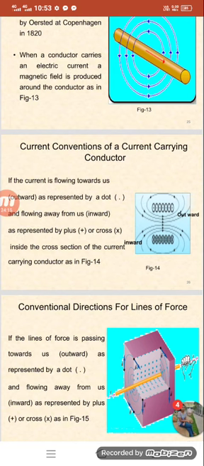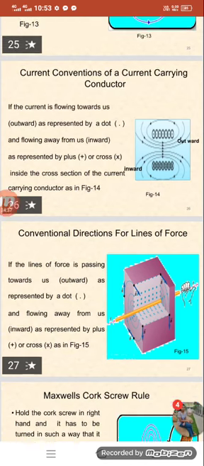That direction is going to be represented by a dot. The lines of force which are flowing away from us, going towards the inside of the conductor, we are going to represent with a plus or cross mark.